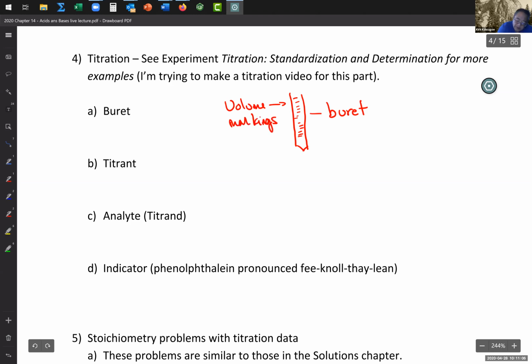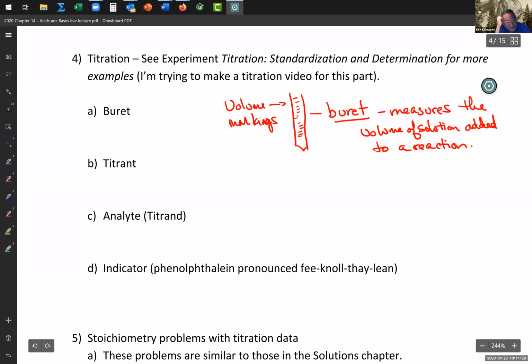So what a burette does is it measures the volume of solution added to a reaction. Okay, so that's kind of what it does.